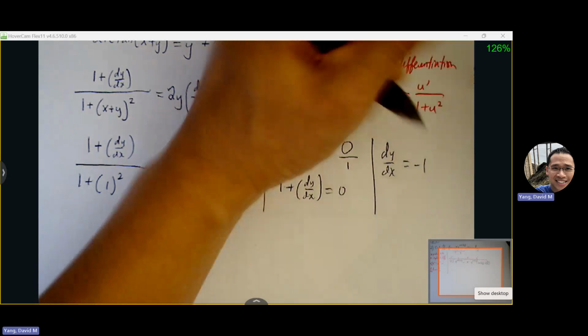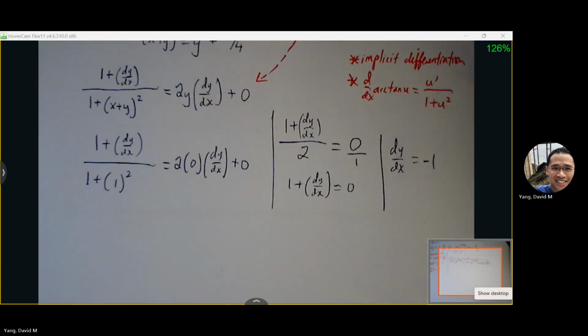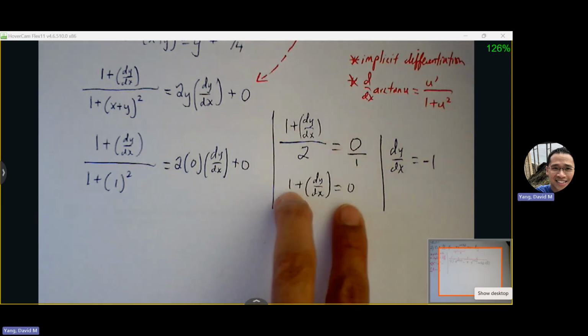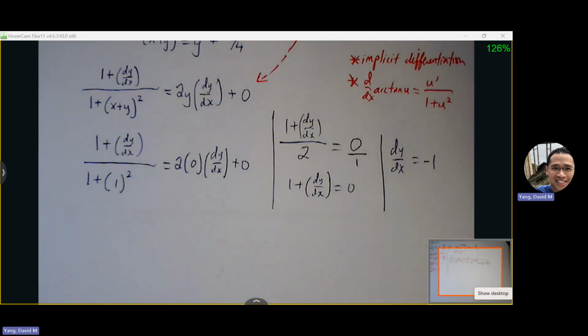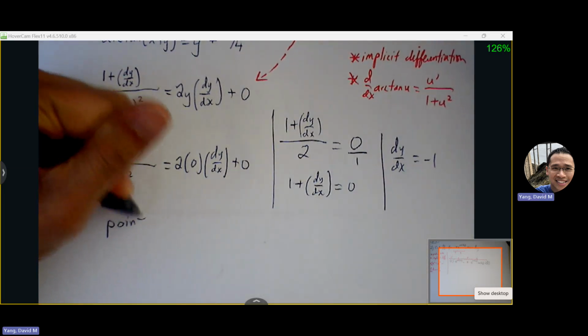I get -1. Or we can multiply both sides by 2 and then set that equal to 0. Either way, we should get a slope of -1. Okay, we have our ordered pair, we have our slope, point slope form.